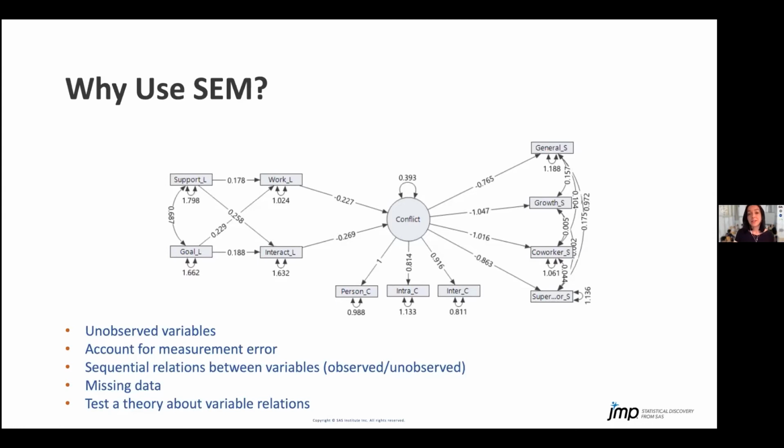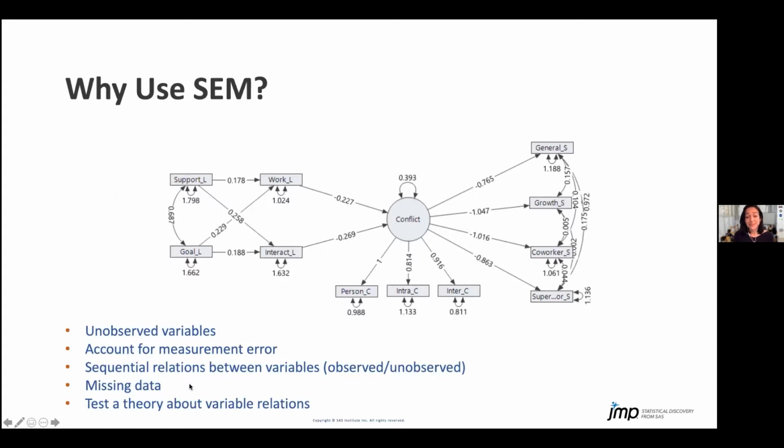And we can actually answer questions like, what is the total effect that support has on, say, growth, right? So we can look at that whole sequential association and ask, what is the total effect that that variable has? This is something that is very useful to understand the mechanisms by which something happens.